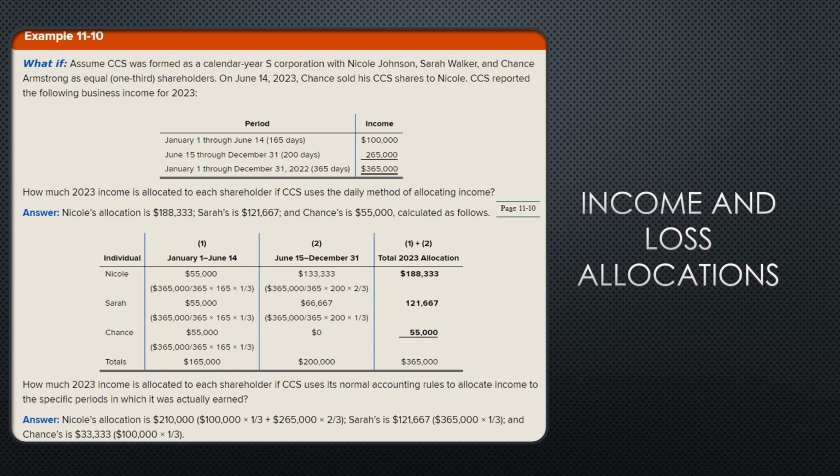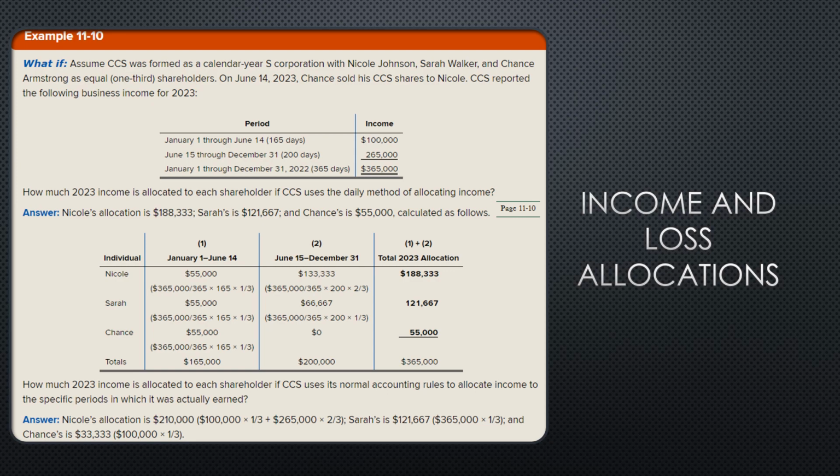However, if we use the normal accounting rules, then Nicole's allocation will be 1/3 of 100,000 because that's how much she owned then, and then 2/3 of 265,000 because she now has Chance's shares.